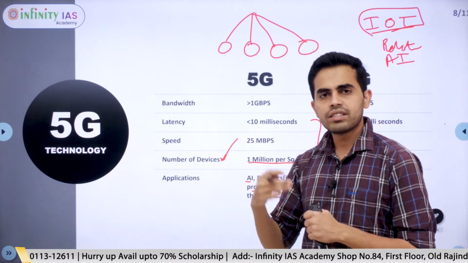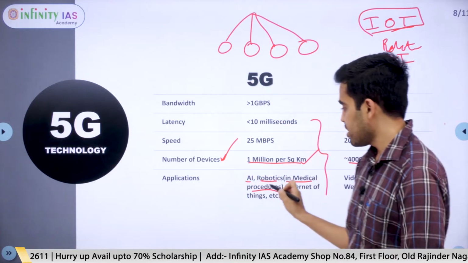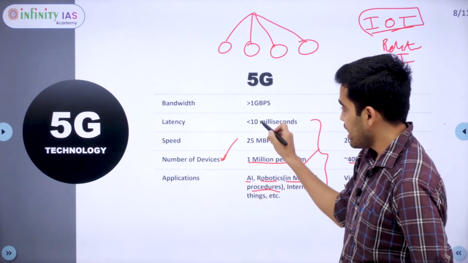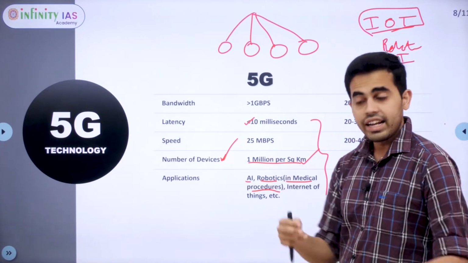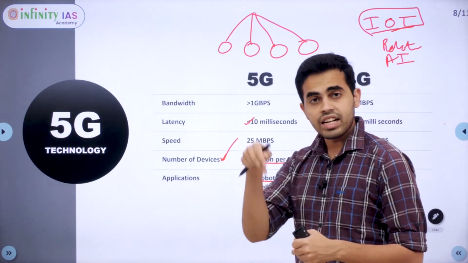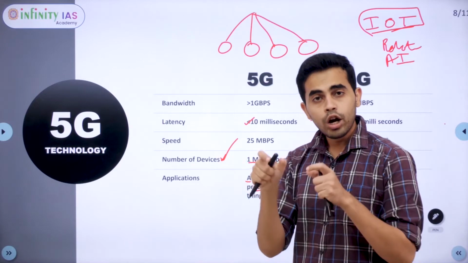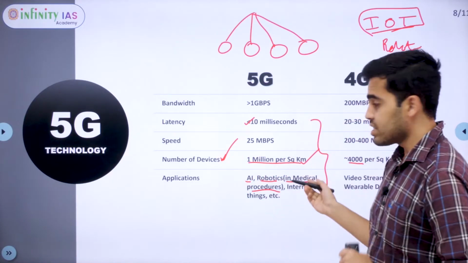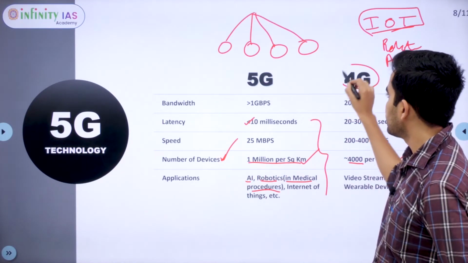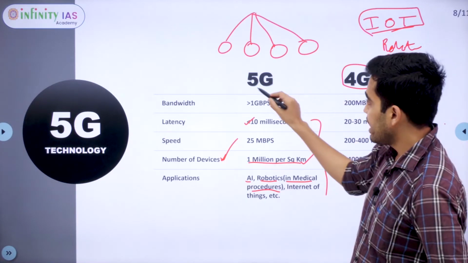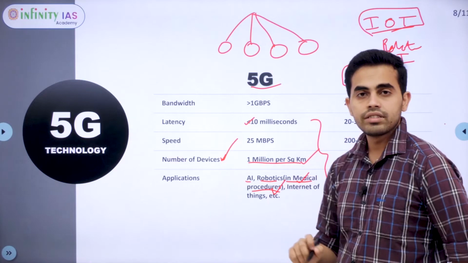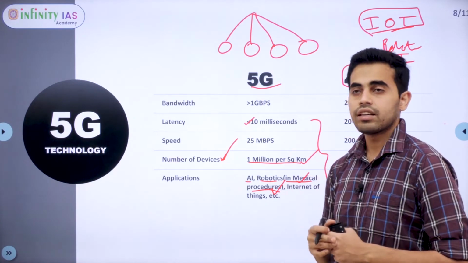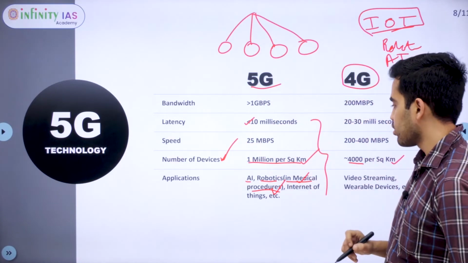It has to send so many images at high speed, at low latency, and it has to connect a lot of devices that will be inserted into the body to perform surgery. In such cases, 4G is not so reliable, but 5G technology can improve medical procedures, that is, even robotic surgeries can be done using 5G technology.